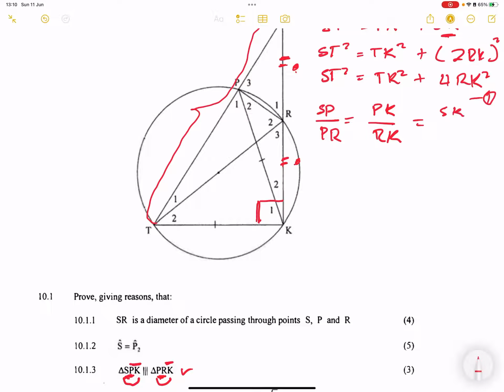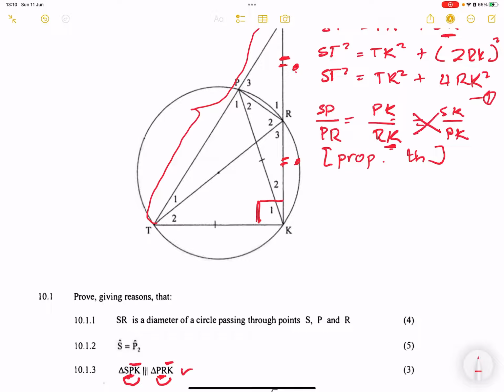This is the proportionality theorem. Now we are trying to relate RK, and we also have PK that we're going to try and replace, because PK is equal to TK.